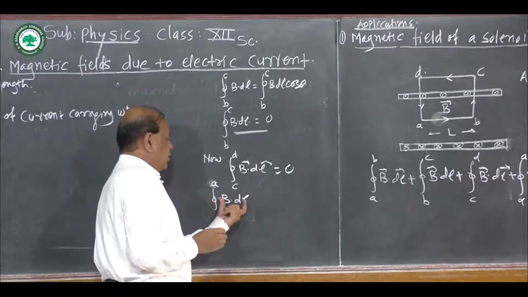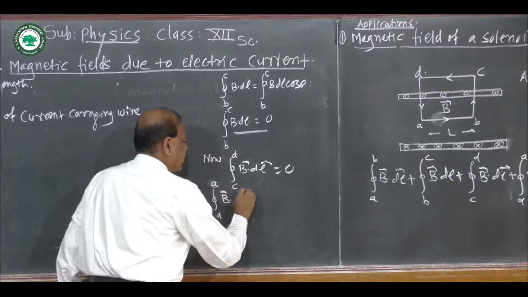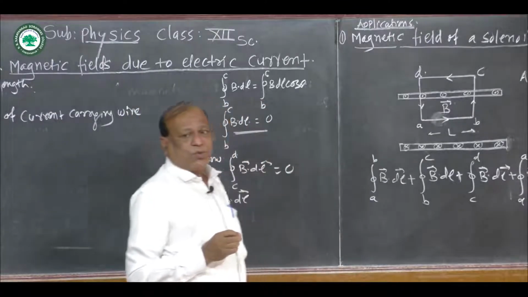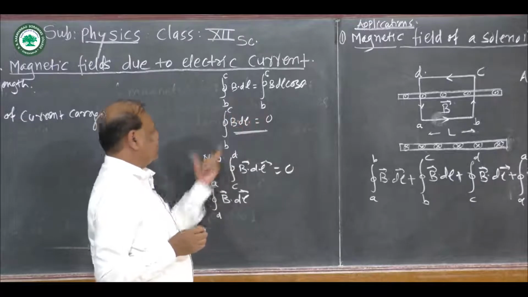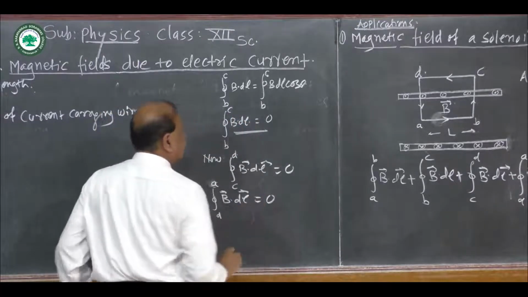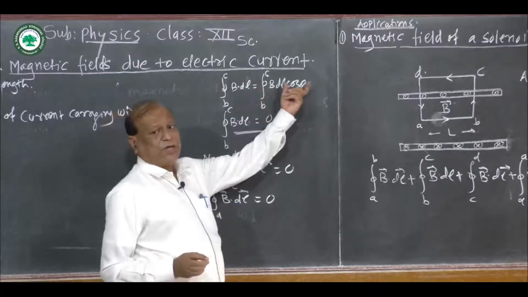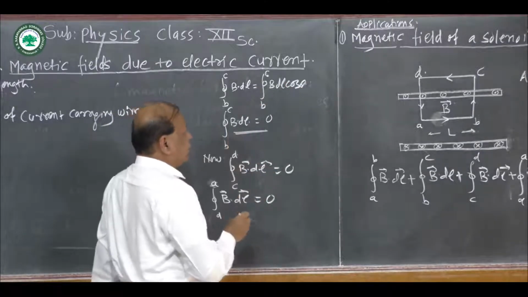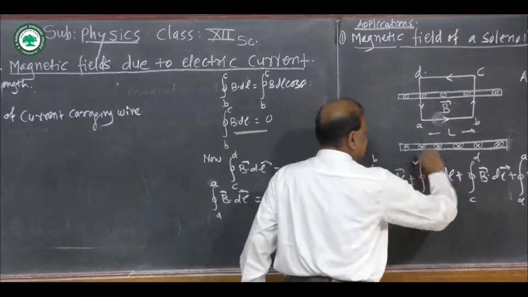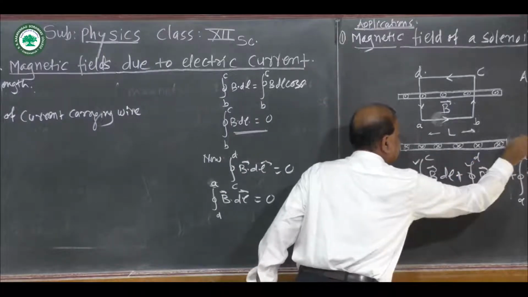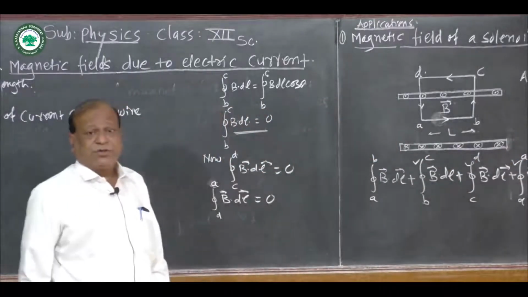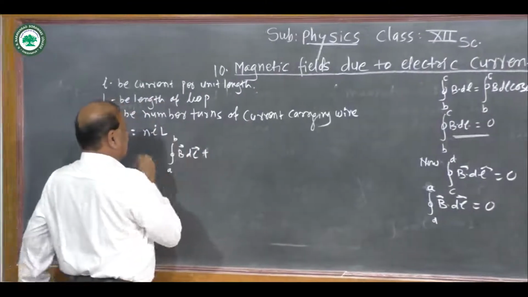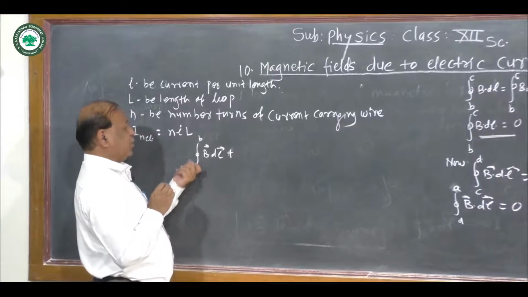Here B and the length elements are perpendicular to one another. This value is also 0. Theta is equal to 90 degrees and cos 90 gives 0, and therefore the value of this integration is 0.